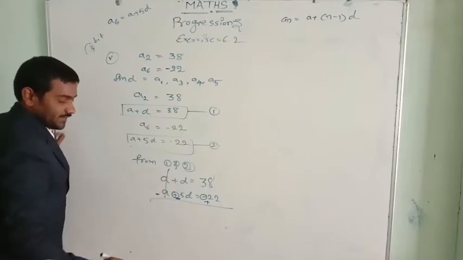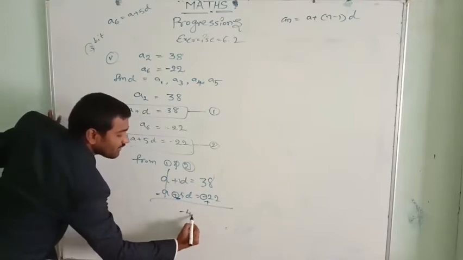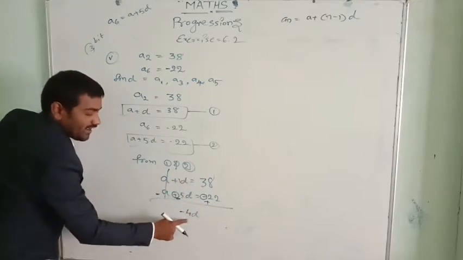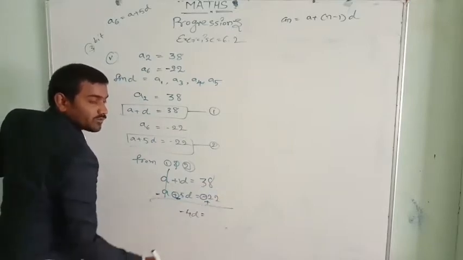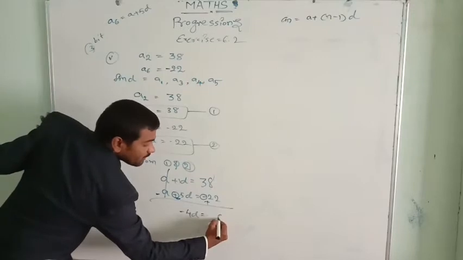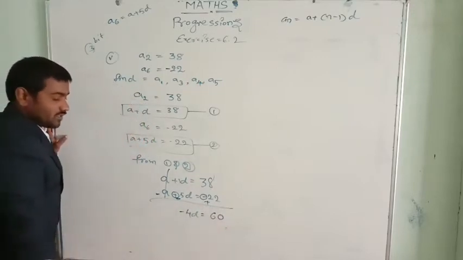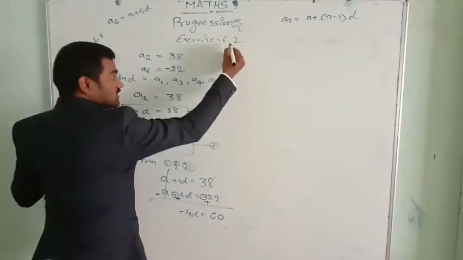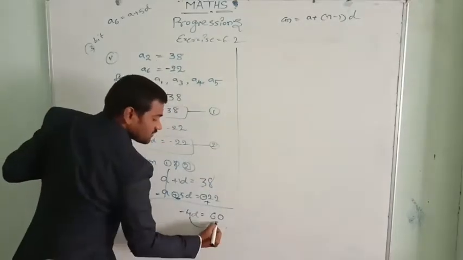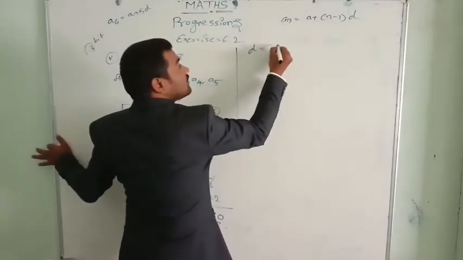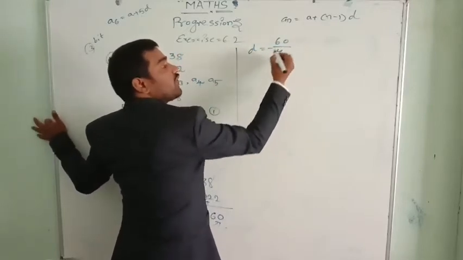Plus A and minus A cancel. 1D minus 5D is minus 4D, equal to 38 plus 22, which is 60. So minus 4D equals 60. Then this minus 4 will transfer to this side, so D equals 60 by minus 4.